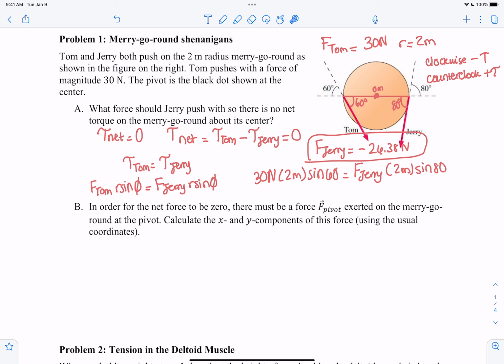And so we should have a negative sign there to indicate that the direction he's going in is going to be that clockwise direction. For Jerry, yep.